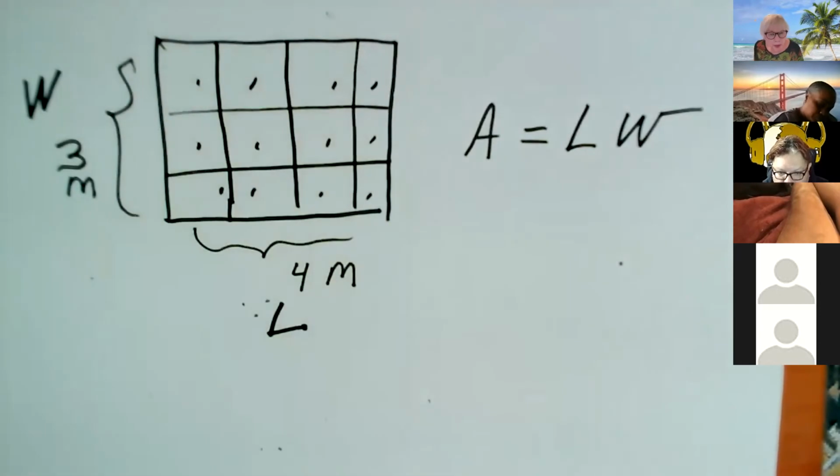Well, let's say we wanted an area rug. Or let's say we wanted to paint a room. We need the area so that we get the right amount of paint. Correct? Have you ever done that, painting? Oh, you'll do it before you know it.